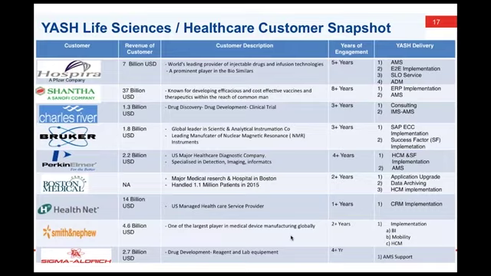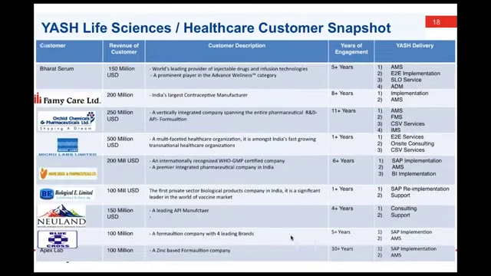Our engagement with these companies dates back 7, 8 or 9 years, and some engagements are about a year or two old. From an Indian perspective, these are a few names out of the 25 companies we worked with. We have done work with companies in vaccines and serum development, contraceptive manufacturers, API manufacturing companies, formulation companies, and biotechnology-related areas, and various types of industries in India.